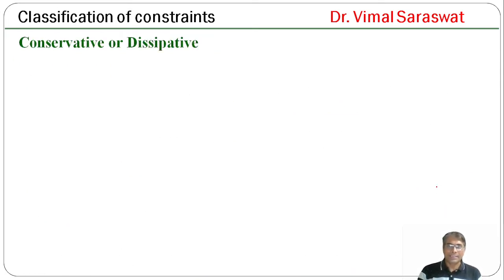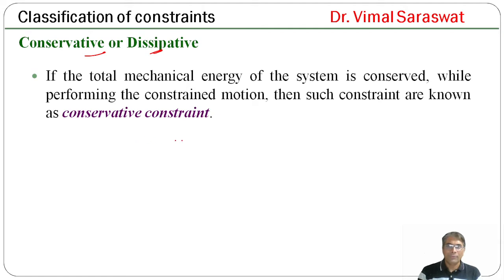Now, next constraint is conservative or dissipative. If the total mechanical energy of the system is conserved while performing the constrained motion, then such constraints are known as conservative constraints.